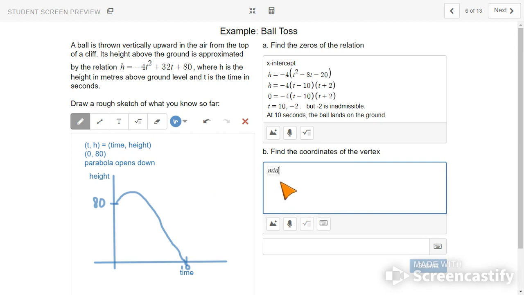Let's use the midpoint equation. I have 10 plus negative 2 divided by 2. Midpoint is equal to 8 divided by 2, or 4.